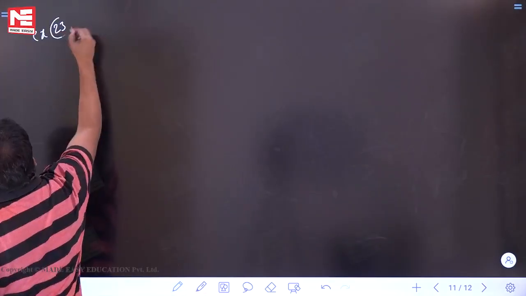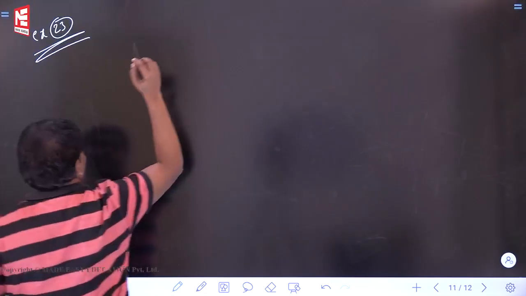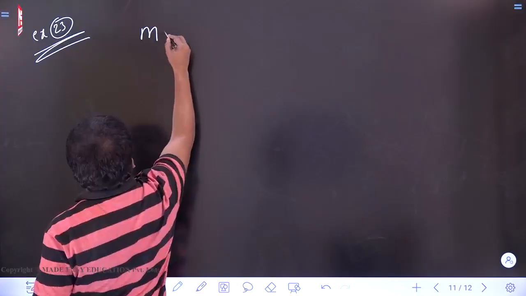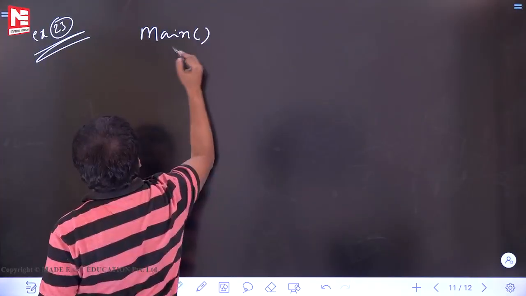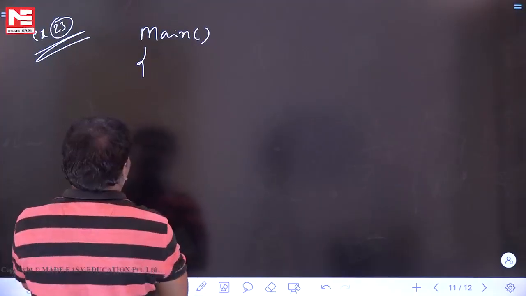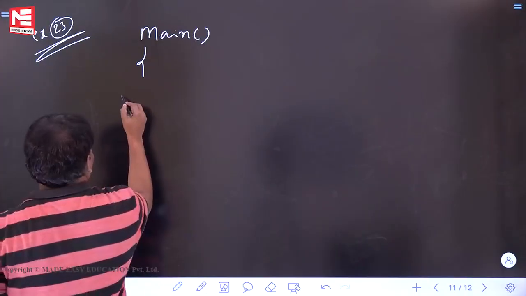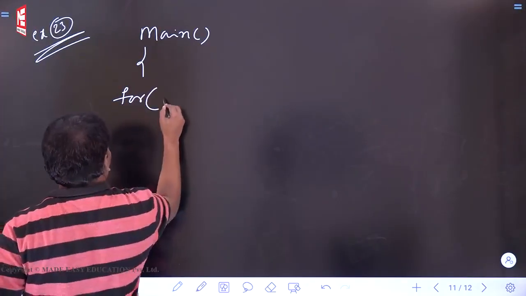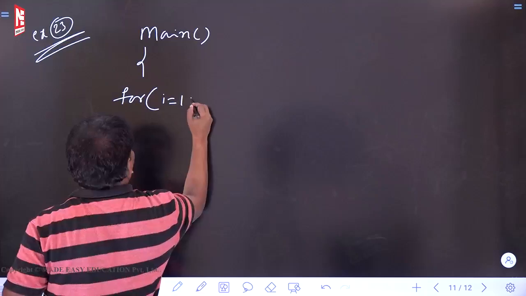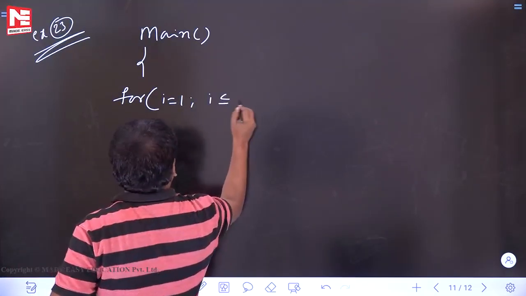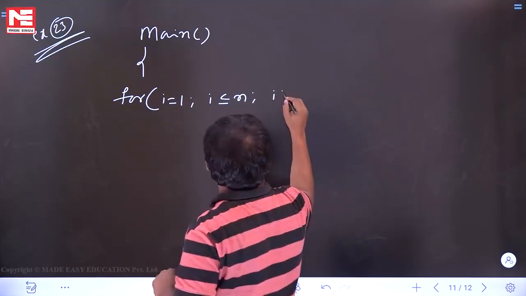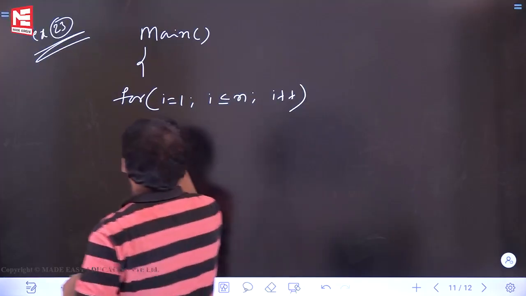Example 23. See this problem also. Main. It is also a nice problem. Please listen once. Main. for i is equal to 1, i less than or equal to n, i plus plus.